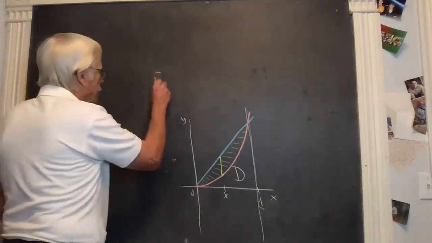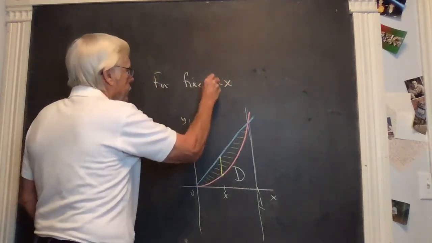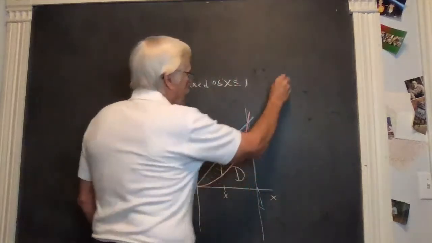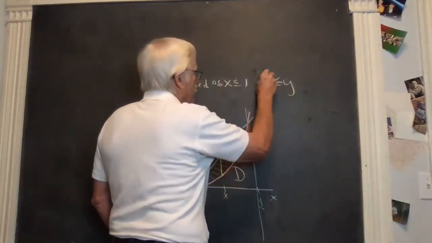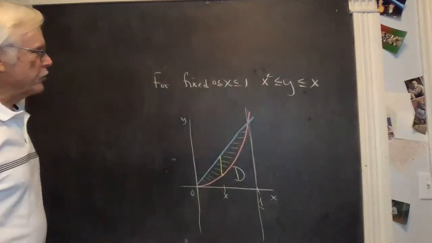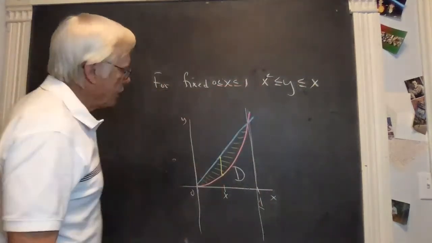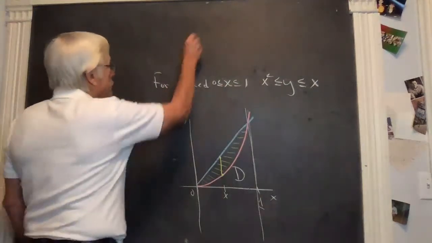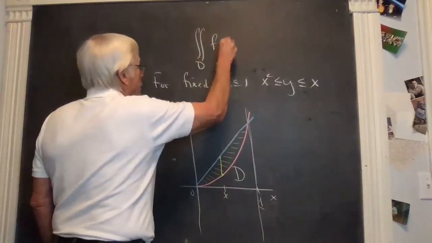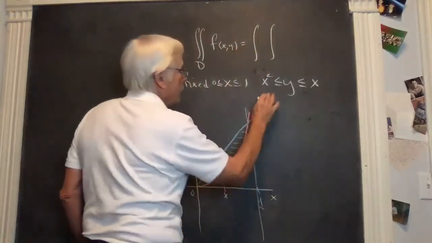For fixed x between 0 and 1, the y value will be between x squared and x. For any fixed x, this defines it, and this allows you to write the double integral of a function over D as an iterated integral.